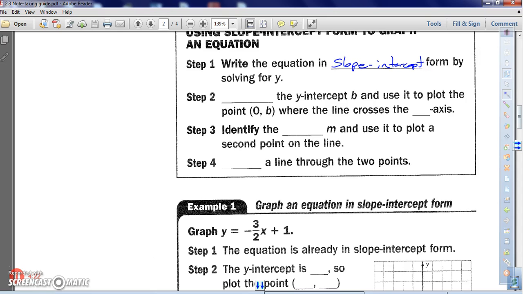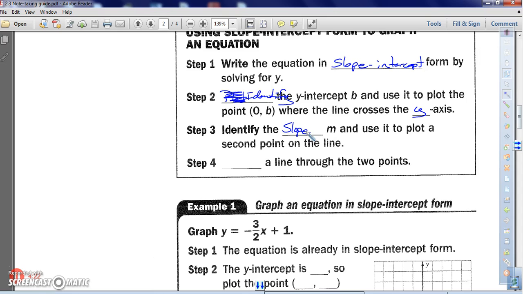Step number 2 then, we want to identify the y-intercept b and use it to plot the point 0, b, where the line crosses the y-axis. Then we identify the slope m and use it to plot a second point on the line.